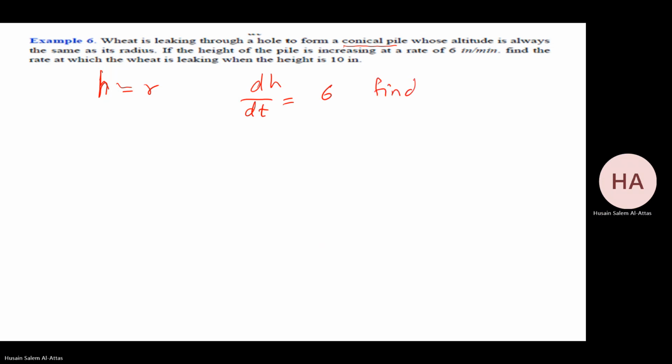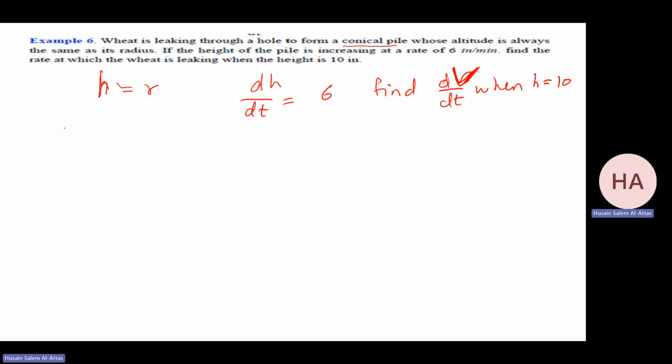Find dV/dt when h equals 10. The rate of the leaking is the rate of making the pile, because it will leak through a hole to form something else. So it will be the same rate of change. And this is what I will find, the rate to form this new pile.